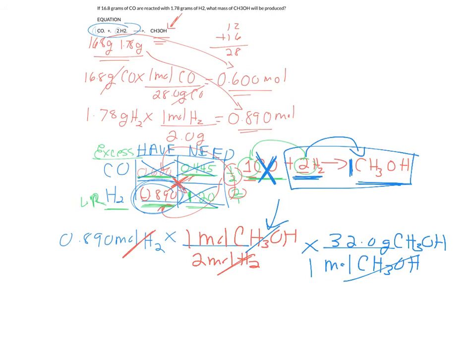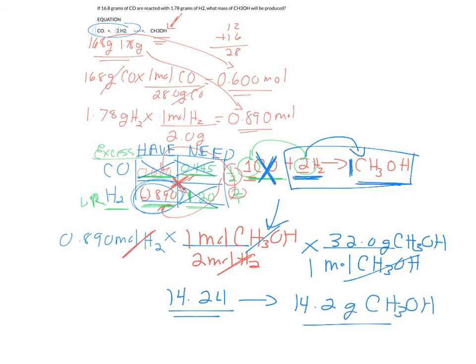All right, so to finish off this problem, we're going to be multiplying 0.890, which remember is 3 sig figs, times 32 divided by 2 is 14.24, but remember, I only need 3 sig figs, so that's going to become 14.2 grams of CH3OH. And that is my final answer.